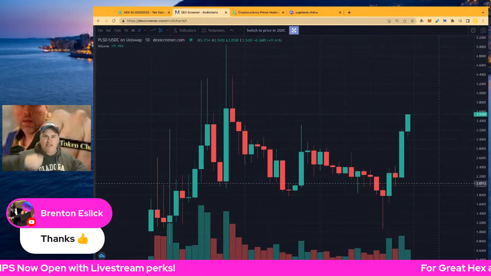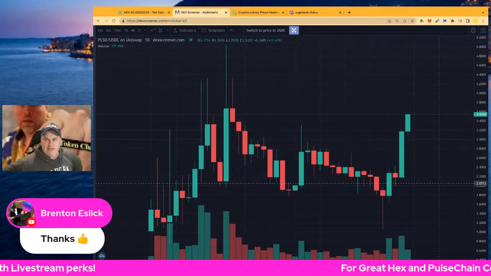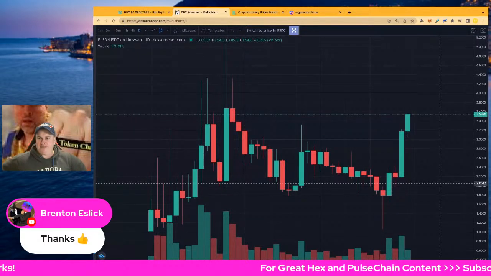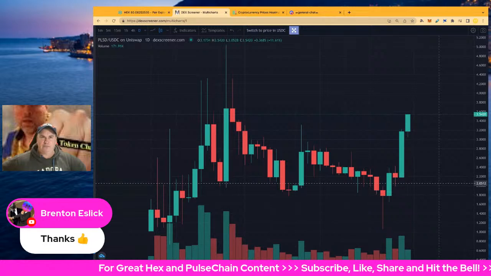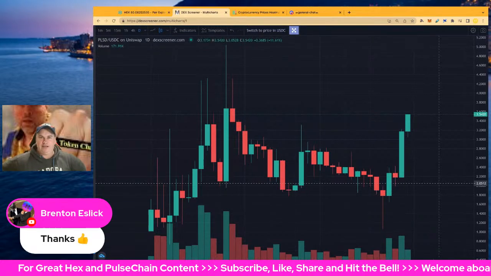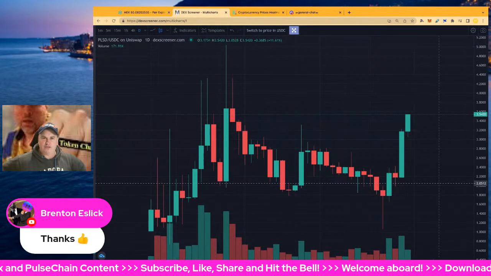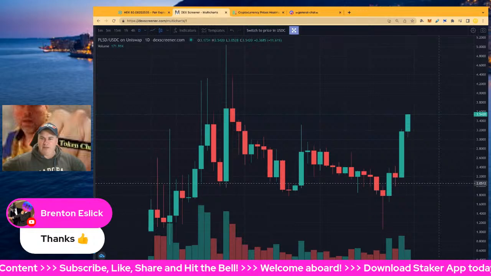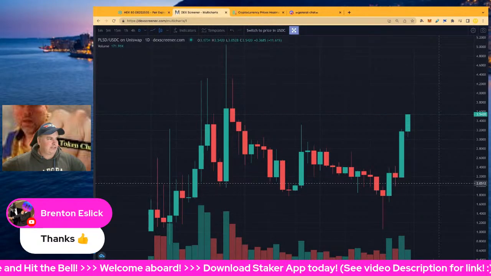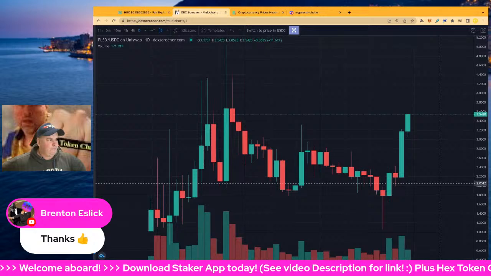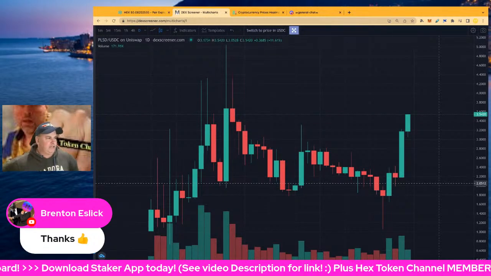I'm just paraphrasing here, so the language might not be quite right. But it seems that because the supply is relatively scarce, they look for a controlled supply type of game. And if a token could do it, this is probably one of the better ones to do it with. And so far, so good. One more minute for the poll. Will Hex price reach 9 cents or more in the next 24 hours?